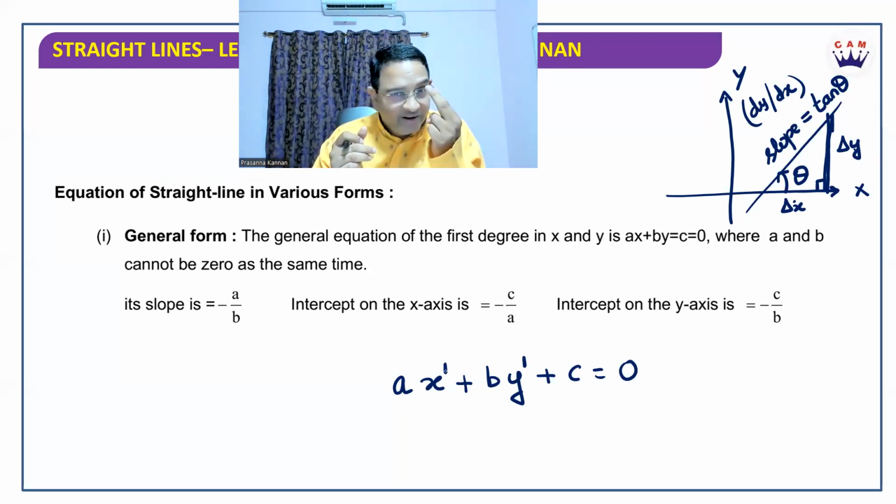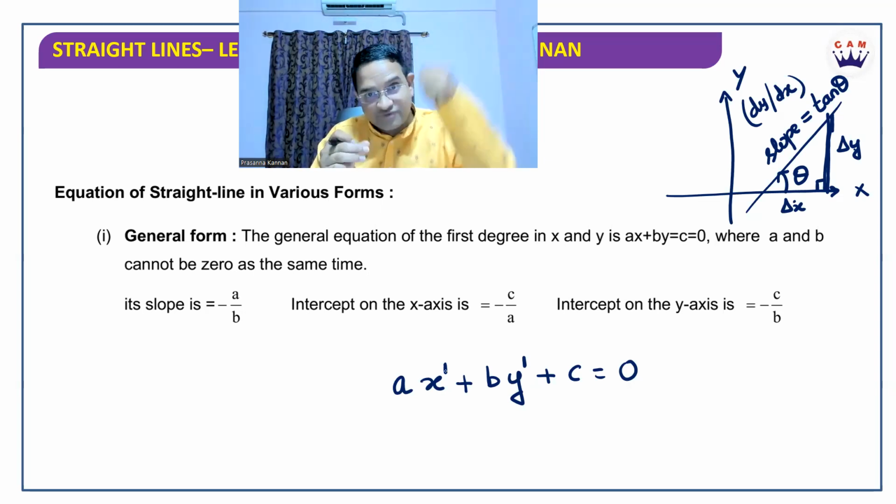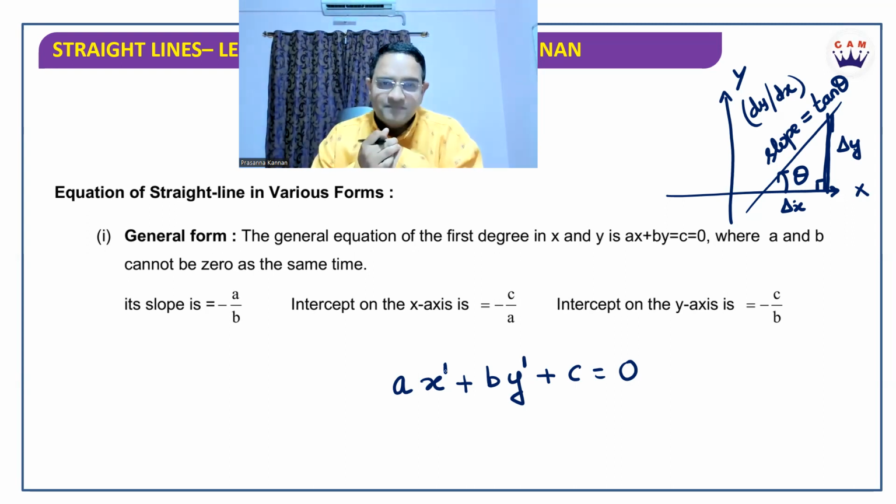So they are all second degree equations in x and y, correct? You have x power as 2, y power as 2. It may even have first power of x, first power of y and all that. Even if I look at hyperbola, ellipse and all that, an xy term will also be there.